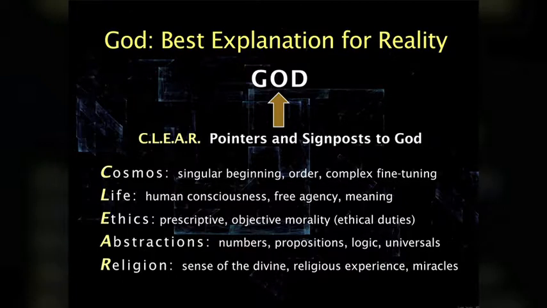The C stands for cosmos, the L for life, the E for ethics, A for abstractions. Those are things that you can't see: numbers, propositions, the laws of logic, etc. And then R, religion, particularly the life of Jesus.